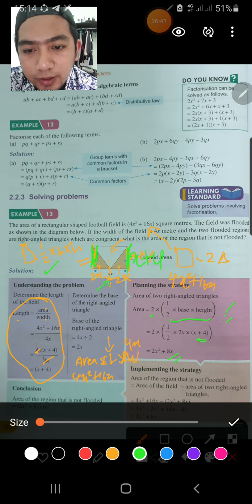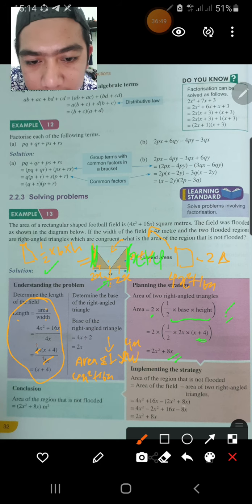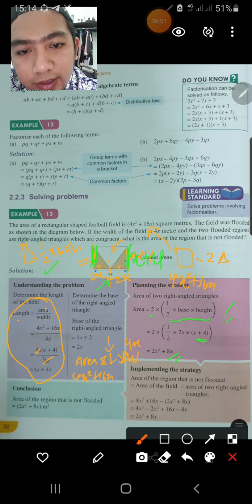Okay, so now kamu sudah dapat dia punya area. So sekarang apa perlu buat? You tinggal tolak 4x square plus 16x, kan, area of rectangle, tolak 2 area of right angle triangle.